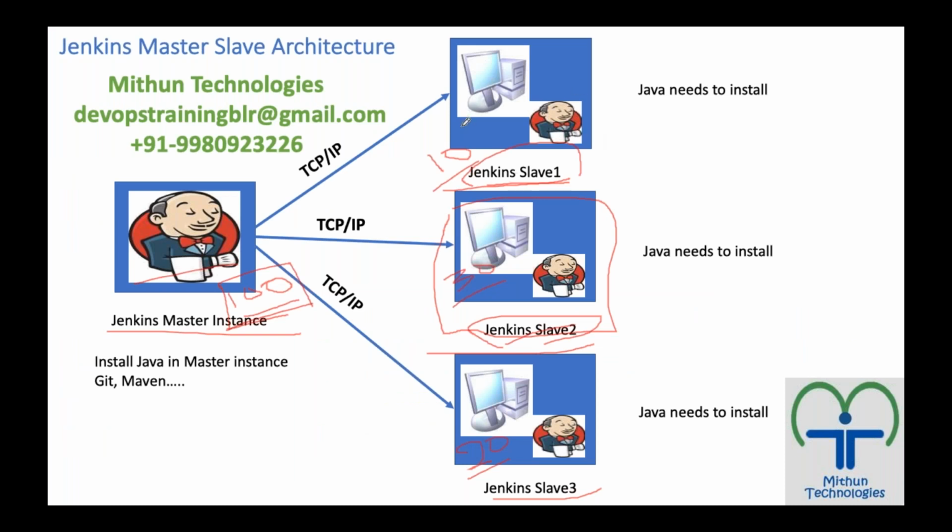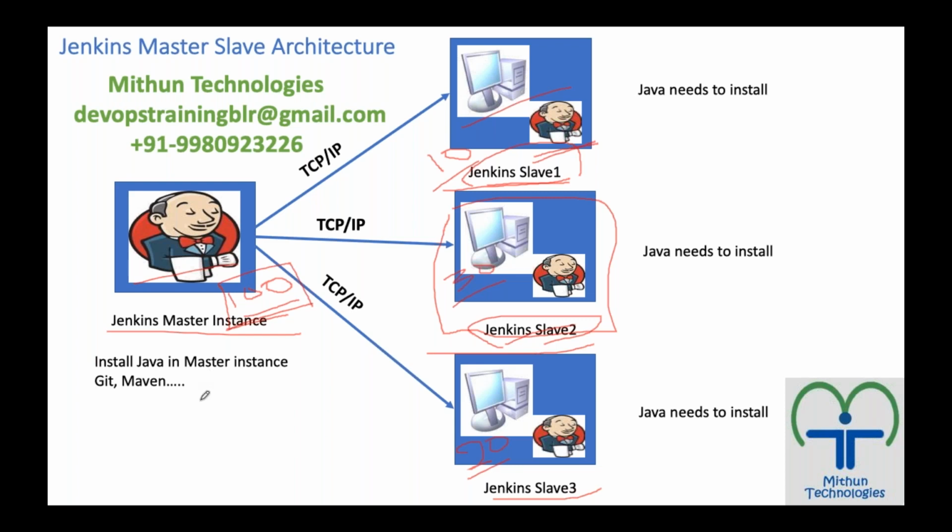In this Linux server, do we need to install Java? Yes, you have to install Java. So here, guys, slave is nothing but a piece of software which is going to run, right? That piece of software is developed using Java. So you should install Java first, where you want to create the slave.